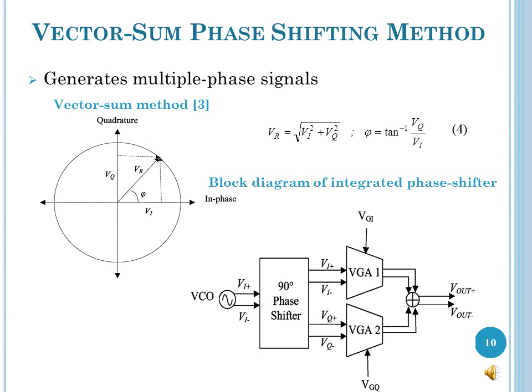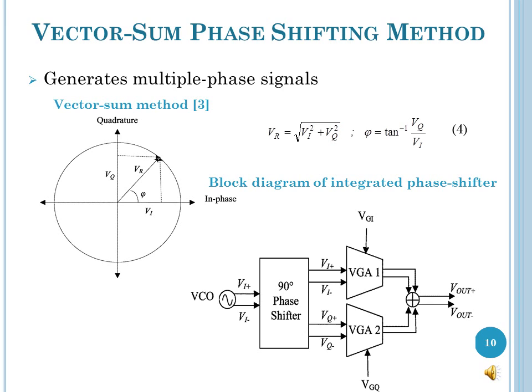The vector sum method can generate a random phase signal by interpolating the in-phase and quadrature phase signals. The resultant magnitude and phase of the signal depend on the magnitudes of the quadrature phase signals as seen from this equation. The implementation of a phase shifter working on the vector sum principle has the functional blocks as shown in the block diagram.